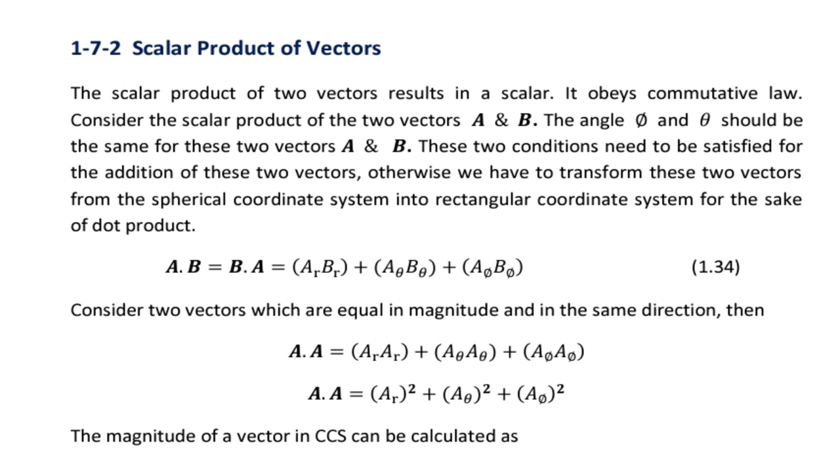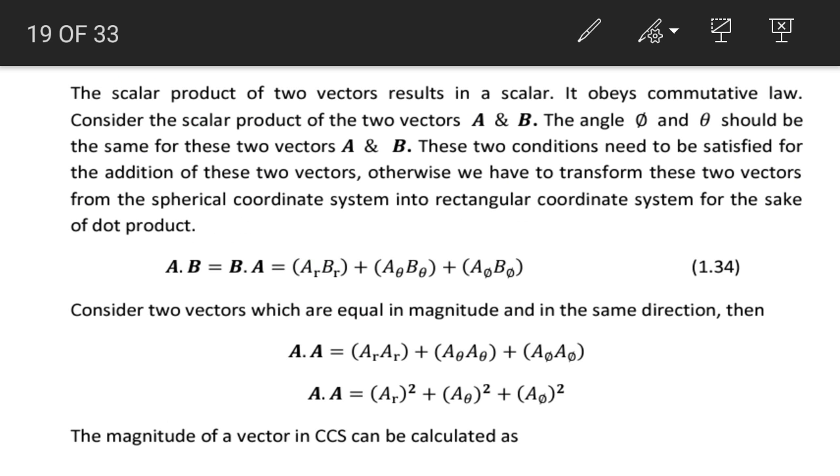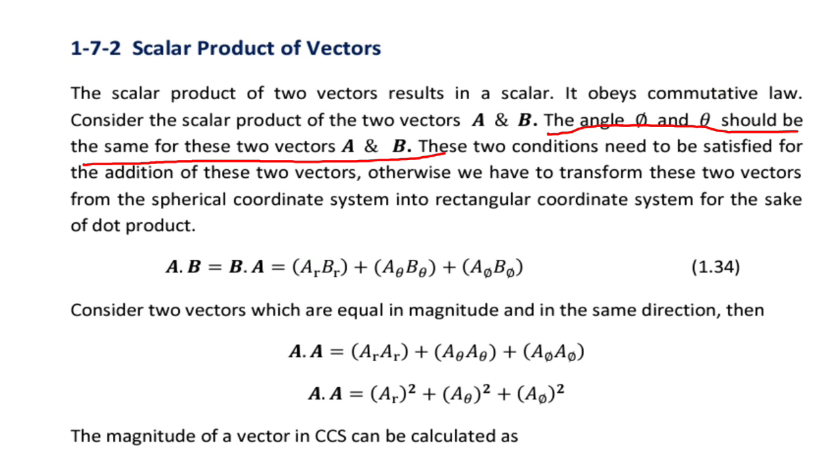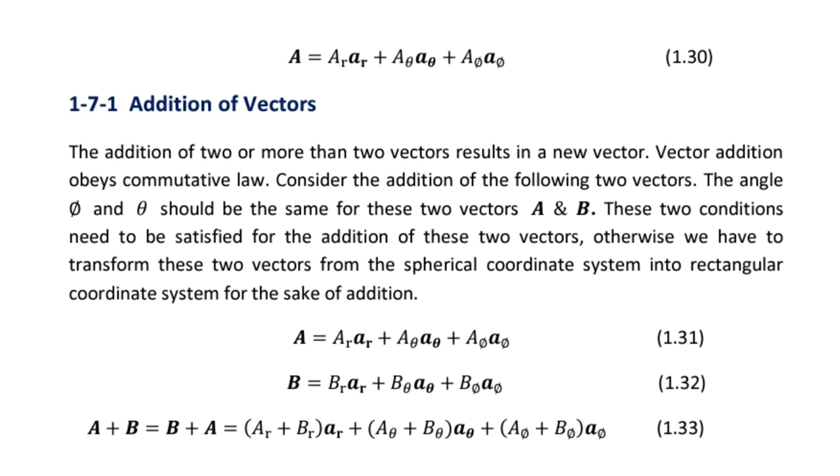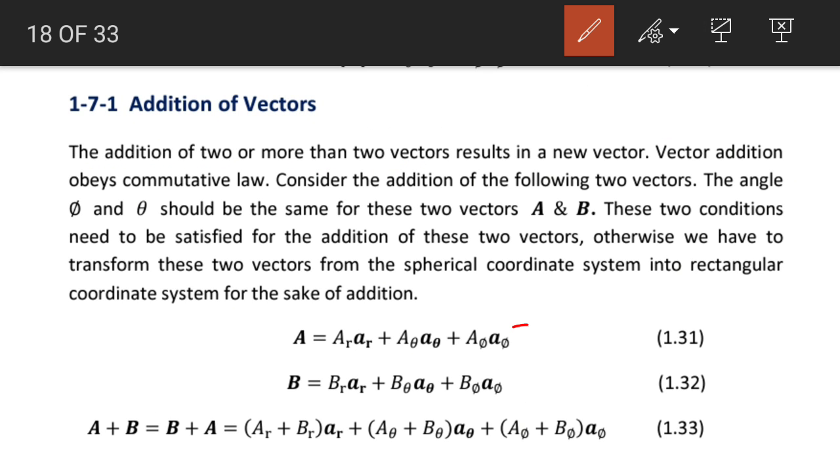The scalar product of the vectors in the spherical coordinate system. For the scalar product of the two vectors in the spherical coordinate system, we need to satisfy these two conditions as well. If we want to calculate the scalar product of the two vectors directly in the spherical coordinate system, we consider these two vectors a and b, and we need to satisfy these two conditions.